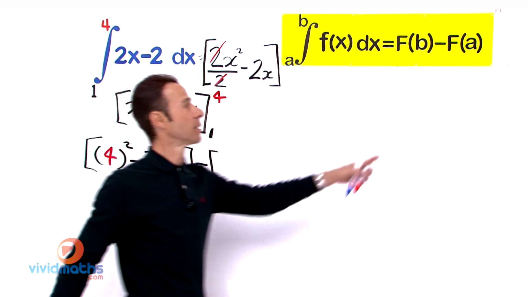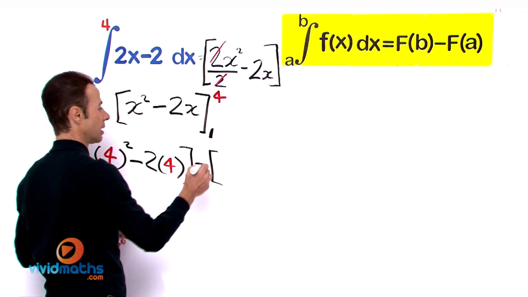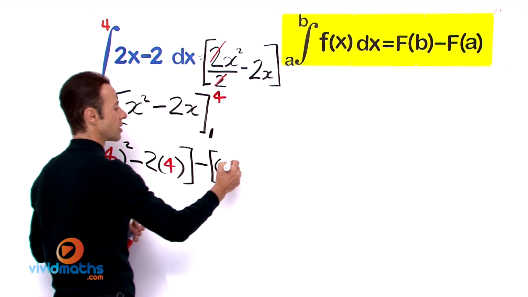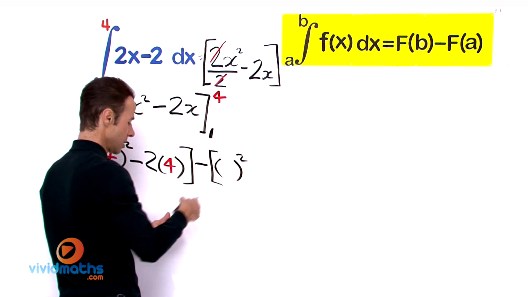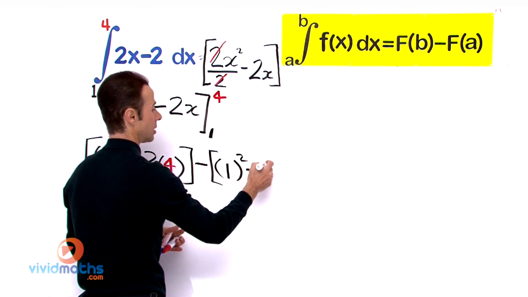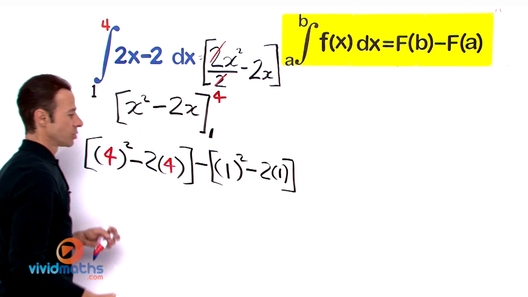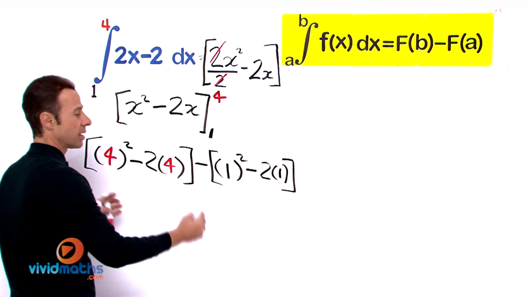This is the subtraction up here. Let's put that in now. Because it says x squared, that's going to be squared, and we put the 1 in there. Take away 2 times 1. So we subtract; this is the b part over there, and this is the a part.